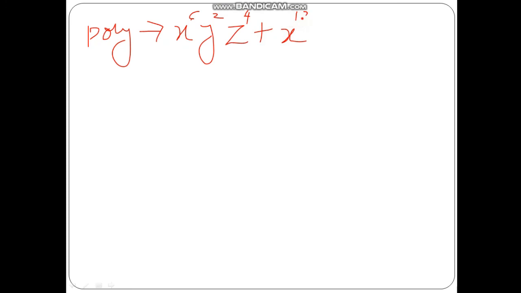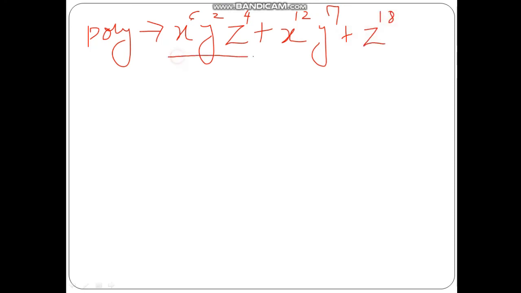फाइन, अब हम इससे रिलेटेड एक और एग्जांपल कर लेते हैं: x^6 y^2 z^4 plus x^12 y^7 plus z^18.